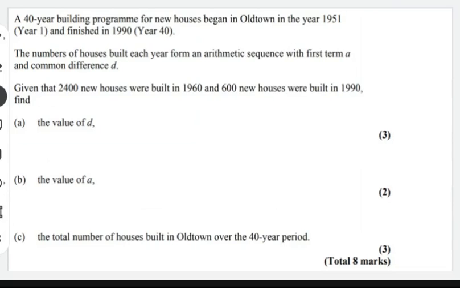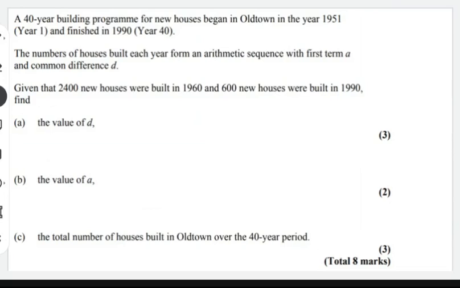Wait, which formula? The nth term formula. So the n over two, that's the sum. Which one's the nth term? The one which you said before: a plus n minus one d. Oh, okay.